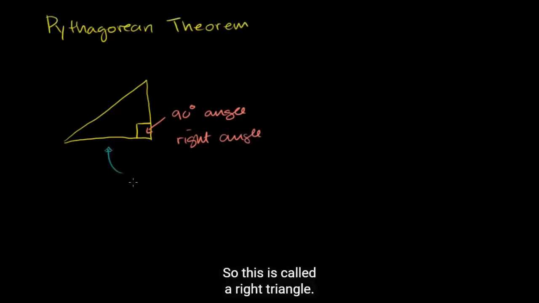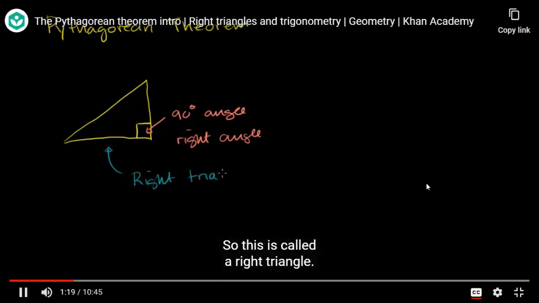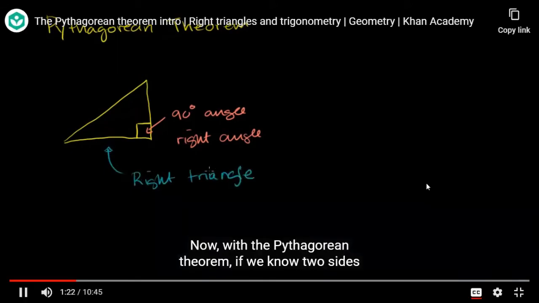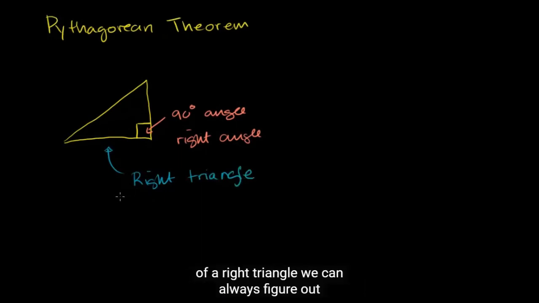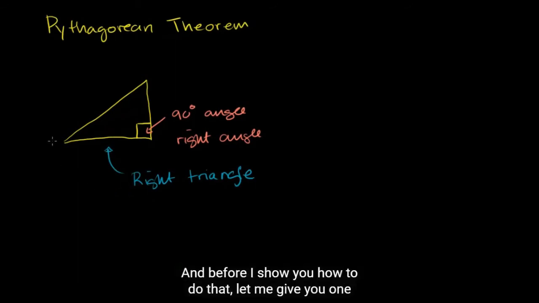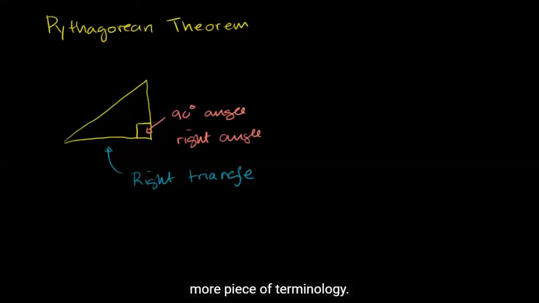A triangle that has a right angle in it is called a right triangle. Now, with the Pythagorean theorem, if we know two sides of a right triangle, we can always figure out the third side. Before I show you how, let me give you one more piece of terminology.